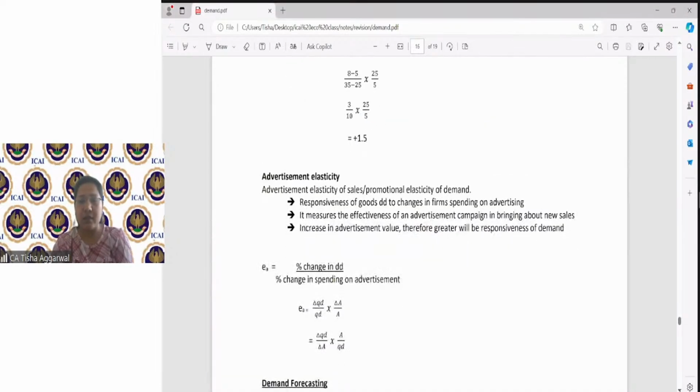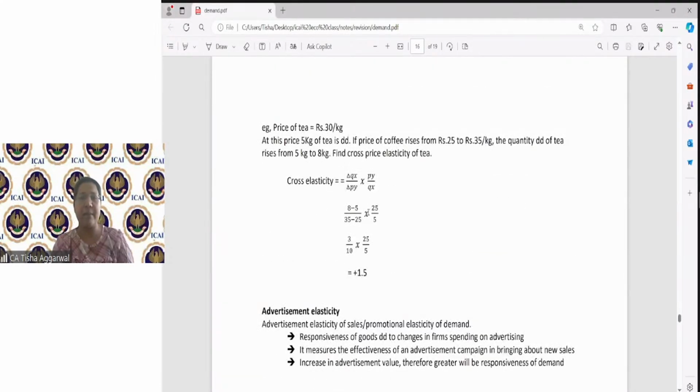Okay. So for example, look at this diagram. If the price of tea is rupees 30 per kg, at this price I was demanding 5 kg for my house. Now the price of coffee rises from 25 to 35. What will happen? The price of coffee is increasing, so I will go back to the tea. I'll say that, okay, tea is cheaper, I will drink tea.